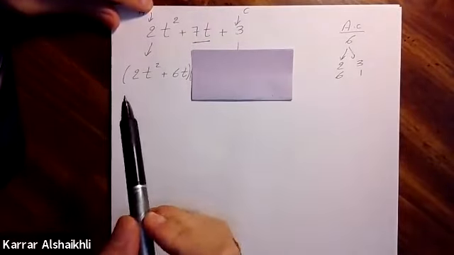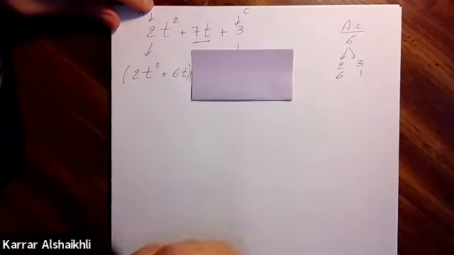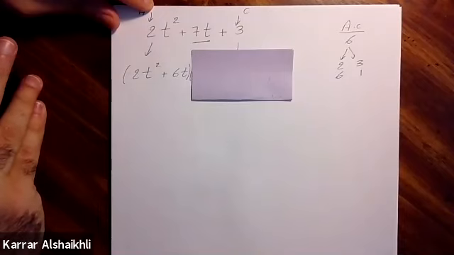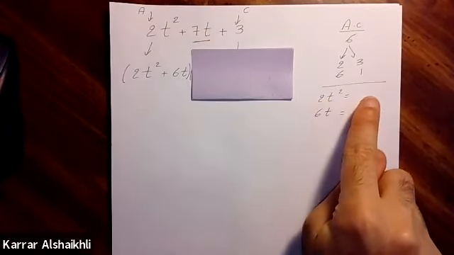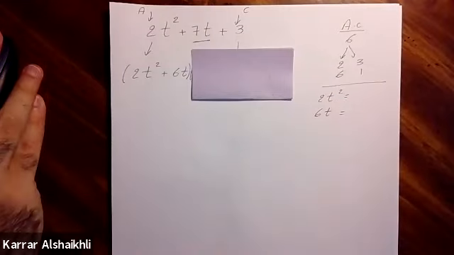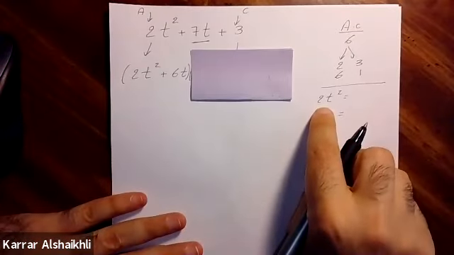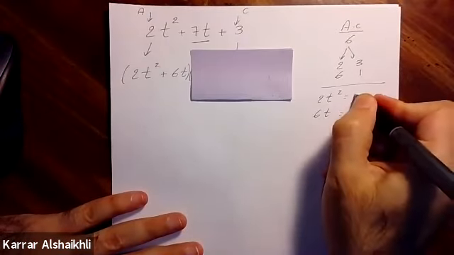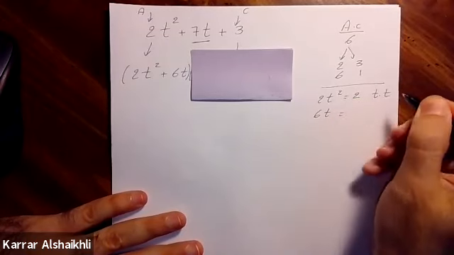Now, who's going to tell me what's the common between 2t squared and 6t? Exactly. Now, 2t squared, what does that mean? 6t, what does that mean? And find the common. So the common is 2t. Let's do it here. It's 2, and the t squared is t times t.